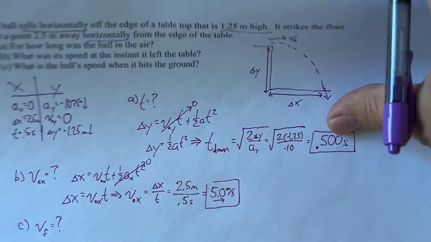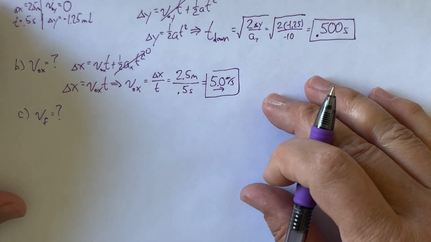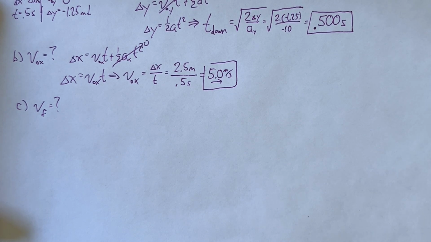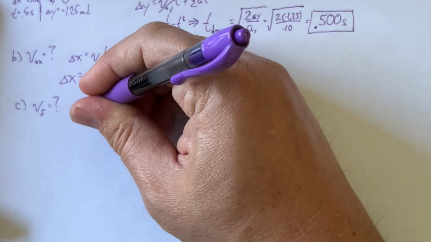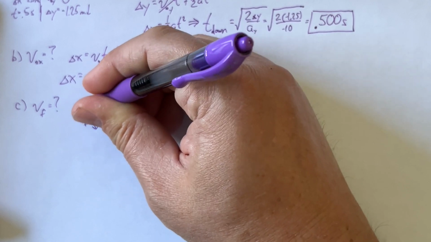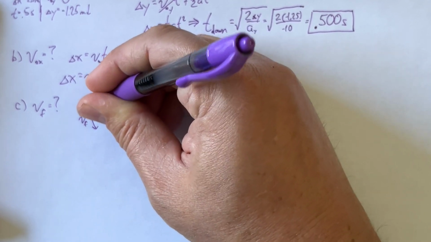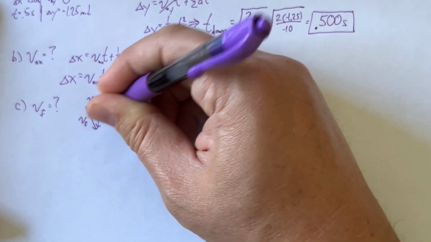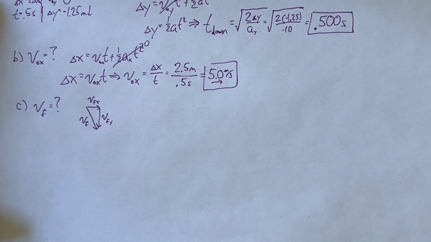And I just said that we should look at things in terms of, is this an X variable, Y variable, or both? And this one is both. When it hits the ground, it has some X motion to it, it has some Y motion to it. So we're going to find both of those and we'll combine them.